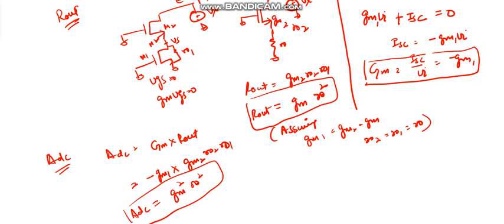After assuming Gm1 equals Gm2 equals Gm, and Ro2 equals Ro1 equals Ro, we find the DC gain for the cascode amplifier. We can observe that the gain of the cascode amplifier is more than that of a common gate or common source amplifier. Thank you.